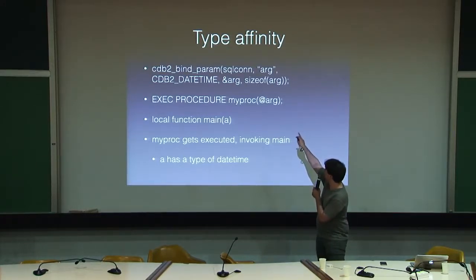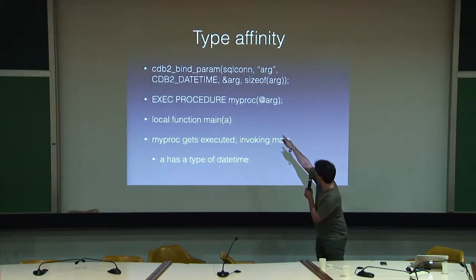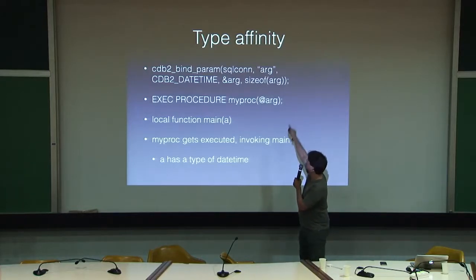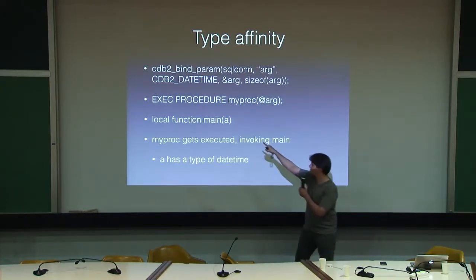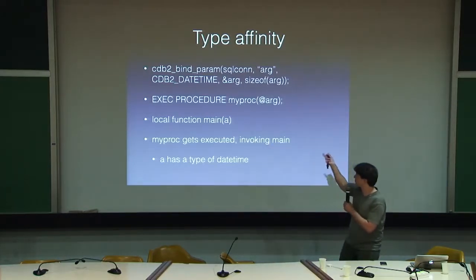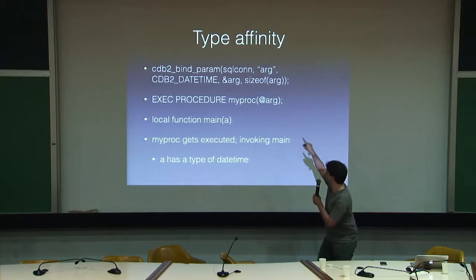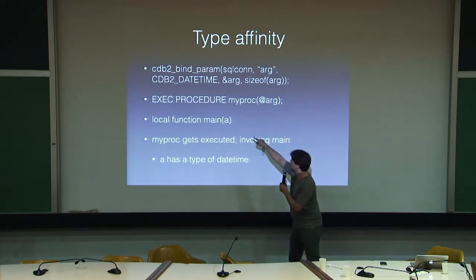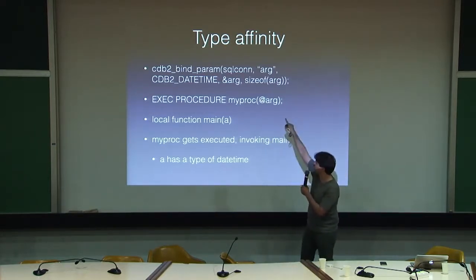There's a variable called arg in my address space here. That's C code. That's the address of it. And I'm going to say, okay, this string is arg, and then I can run a procedure, exec procedure, right? This is a pretty standardish looking thing. The @ is the bound parameter. I pass that in through the C to SQL to Lua boundary. So there's literally three languages involved there.